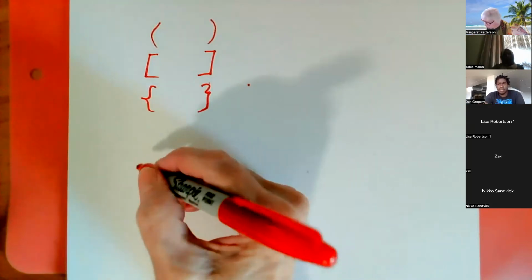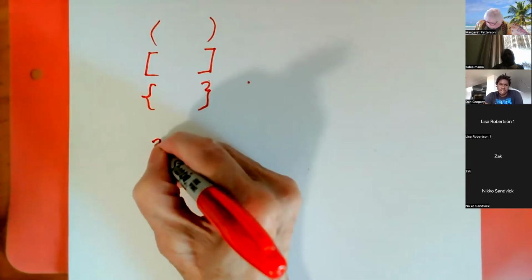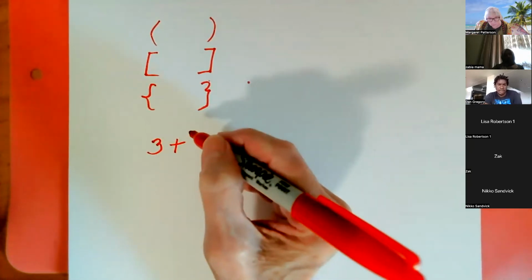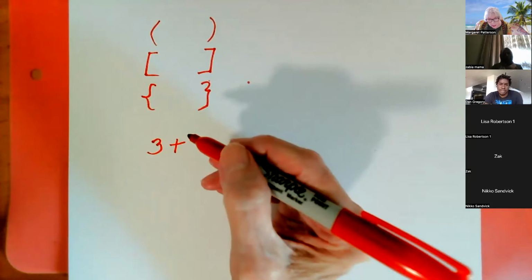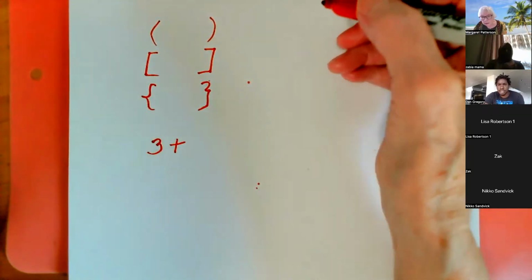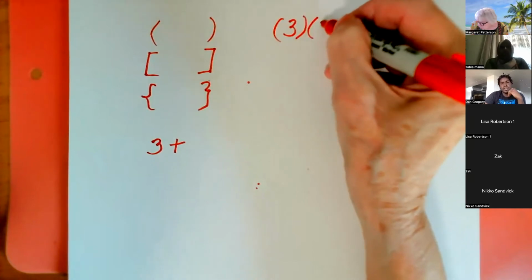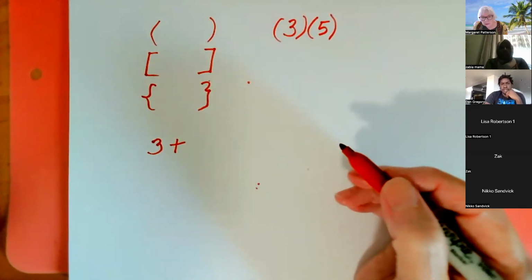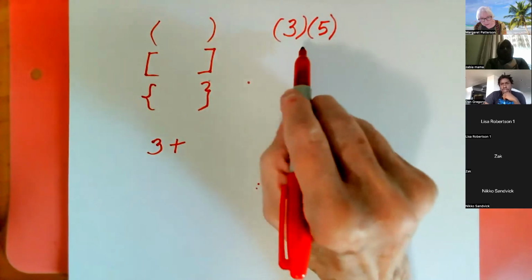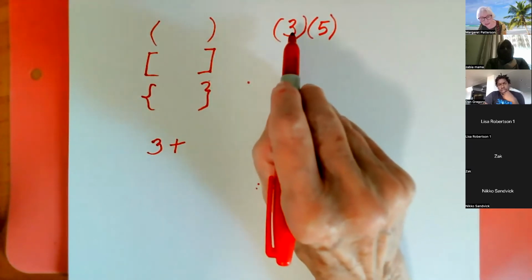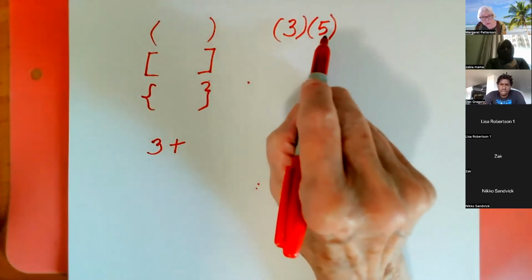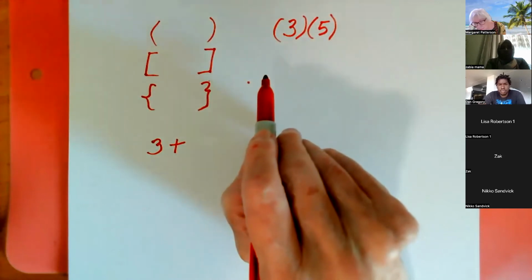Can there ever be parentheses right next to each other without a multiplication sign or division sign in between? Yes. In this case, the parentheses are used to show multiply.